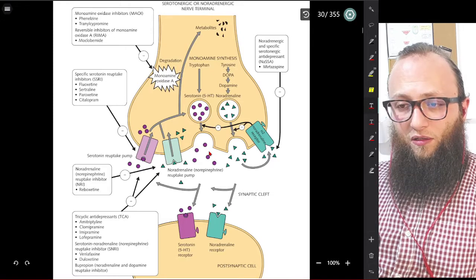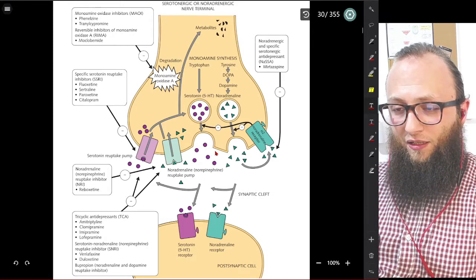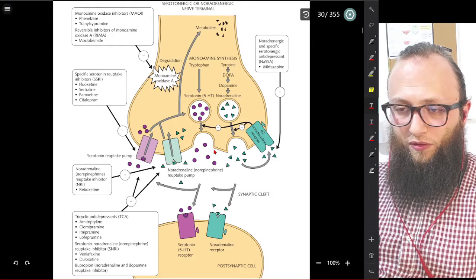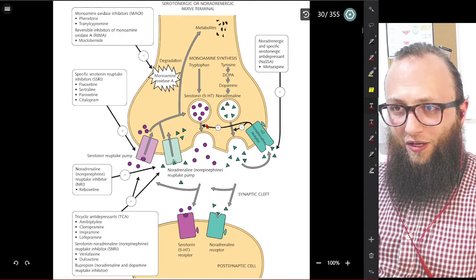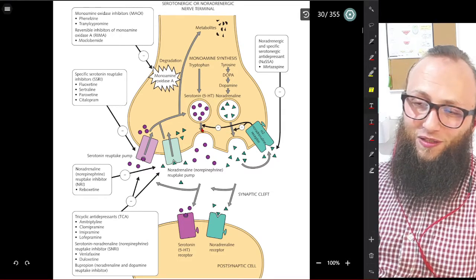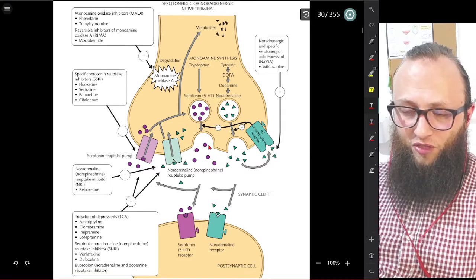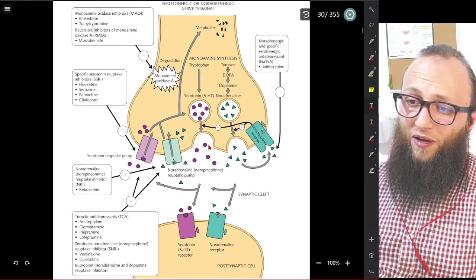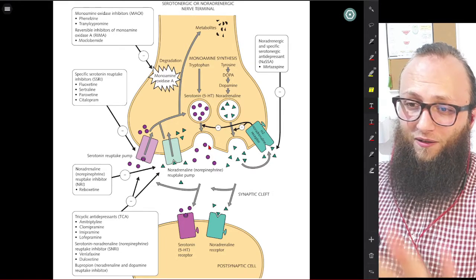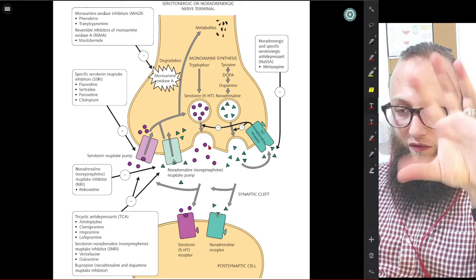So it's not like this in the real world. The noradrenergic neuron is different from the serotonergic neuron. But here, just for simplifying things, they are represented within the same figure.